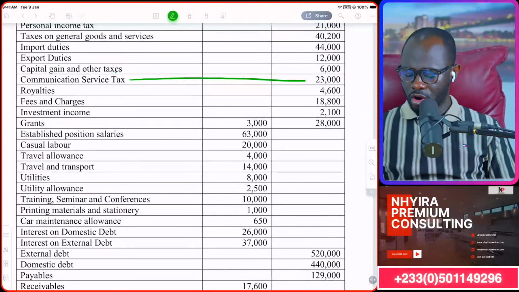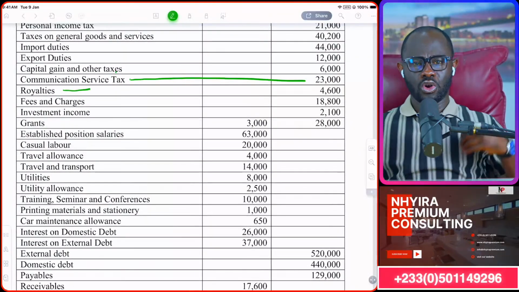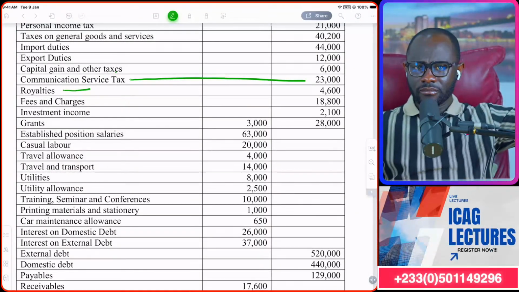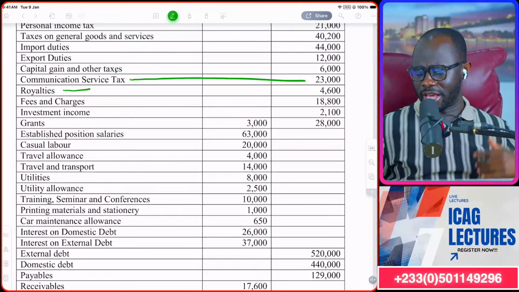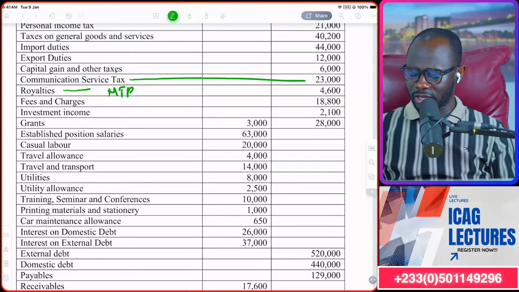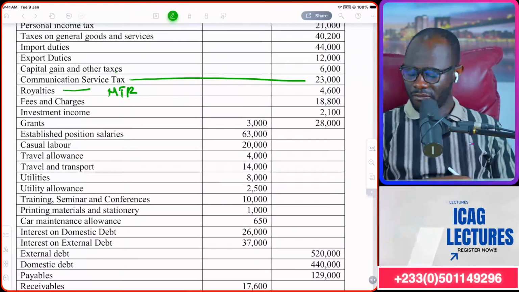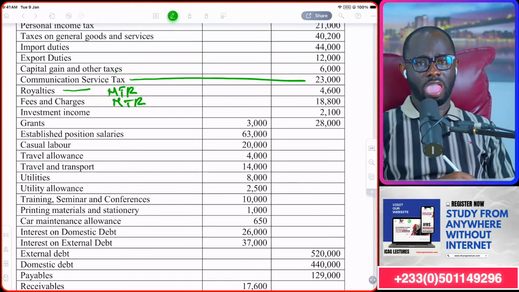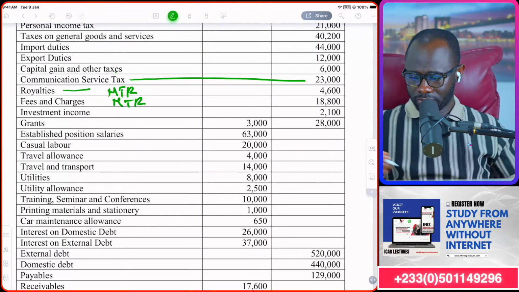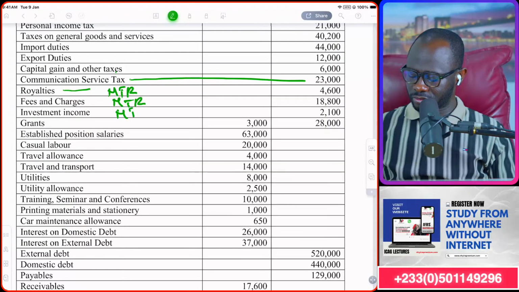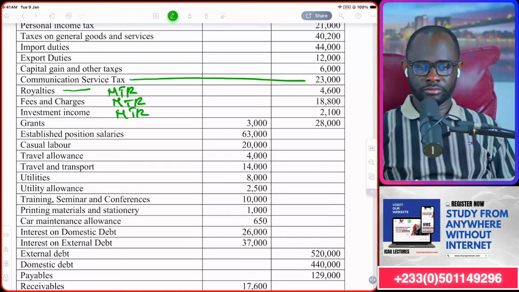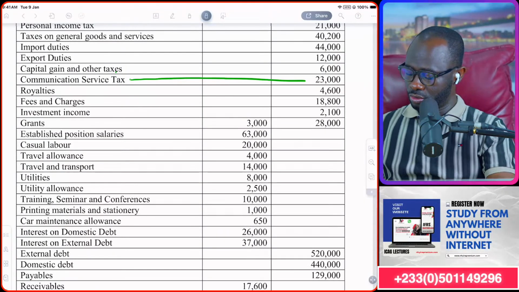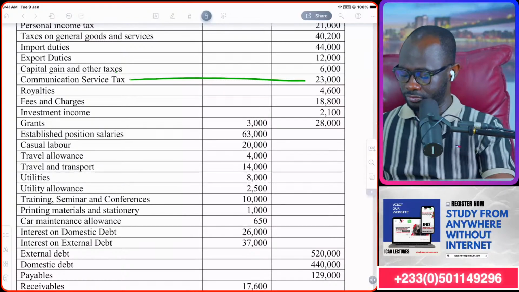Next one, royalties. That's not a tax revenue because it's not a direct tax, it's not an indirect tax. So that is a non-tax revenue. Okay? Fees and charges, non-tax revenue. Investment income, non-tax revenue. Right? So these three will go to non-tax revenue.